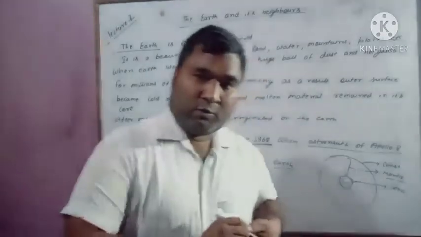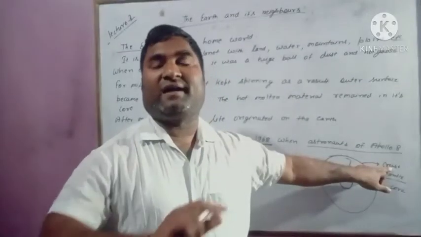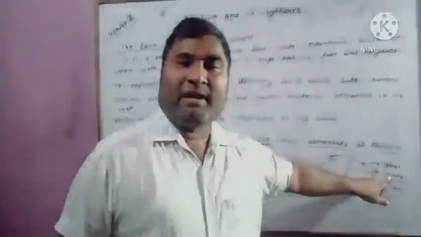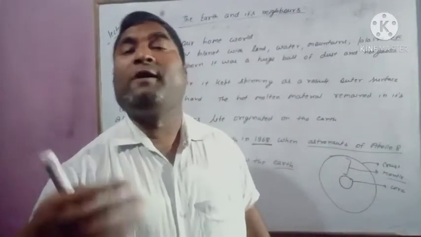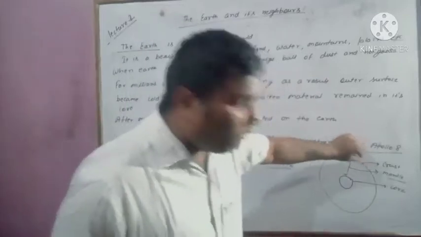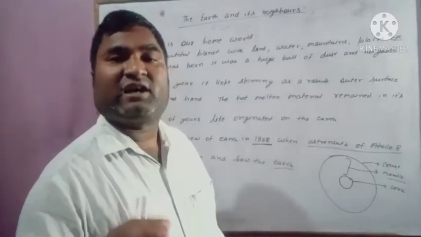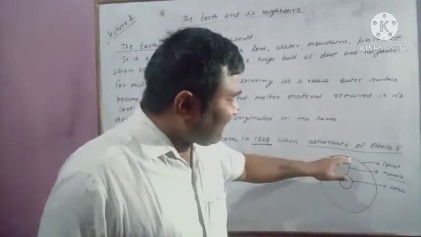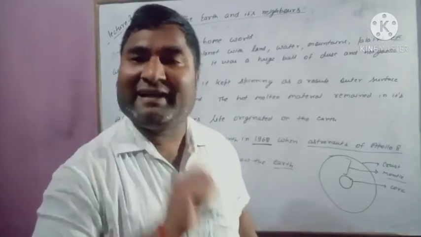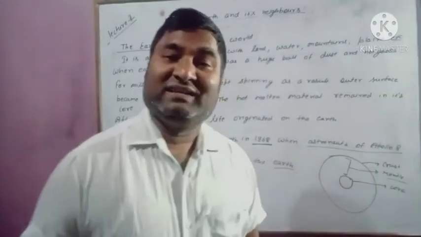So what I am saying here, the outer crust is hard and it is solid structure. This outer crust is mostly made up of rocks and it contains soil. Inside this crust, the rocks are in molten condition and this is called mantle.